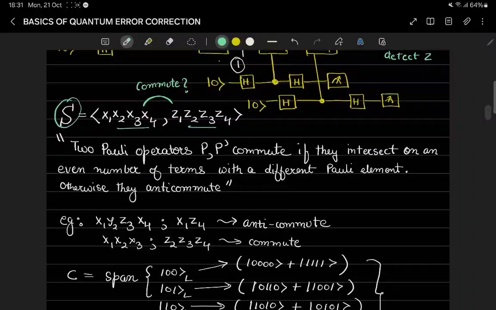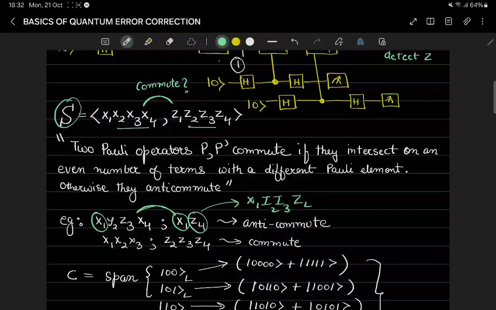So let's look at some other example, an example where they anti-commute. So let's look at these two Pauli operators. So you can see that they are same on x1 and they are different on exactly one of the places. So out of the 4 qubits, this operator is x1 identity z4.